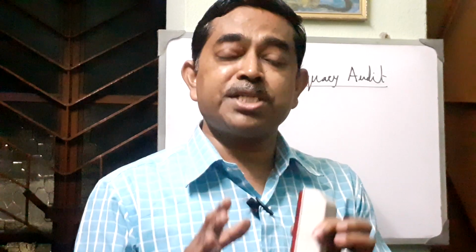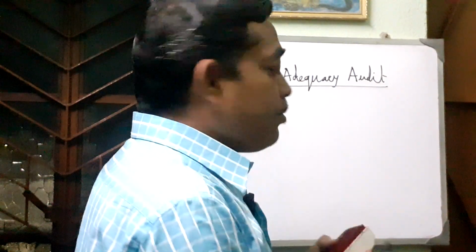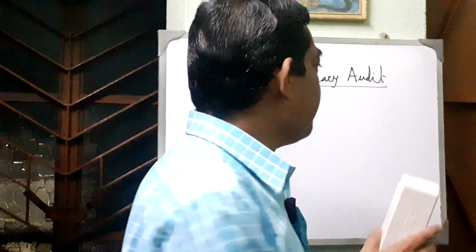In between these 3 years, they will conduct periodic surveillance audits from time to time to ensure that the organization follows the ISO standards properly. So this is the adequacy audit, where the documentation checkup is done.